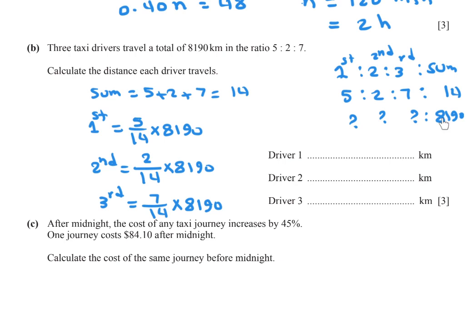To find the second, 8,190 times 2 divided by 14. To find the third, 8,190 times 7 divided by 14. The first driver, 2,925. The second driver, 1,170. The third, 4,095.